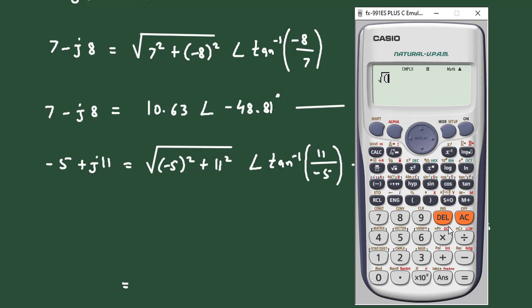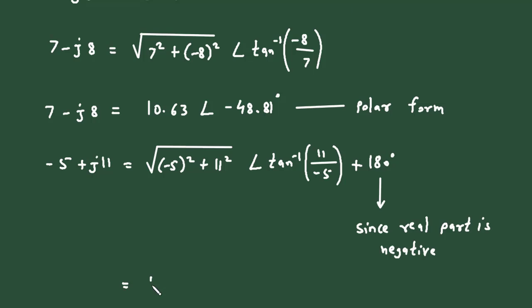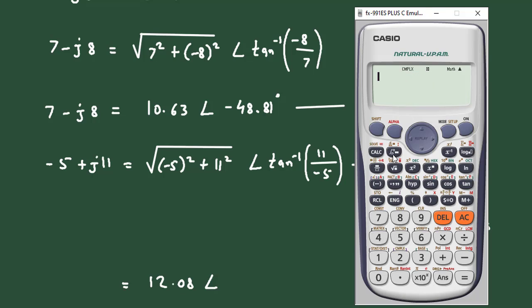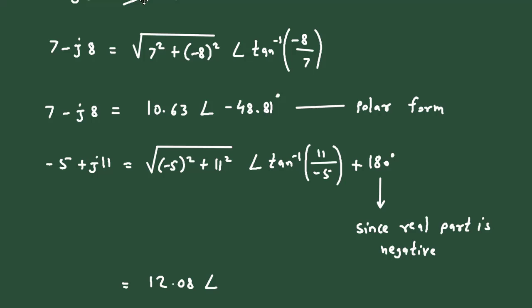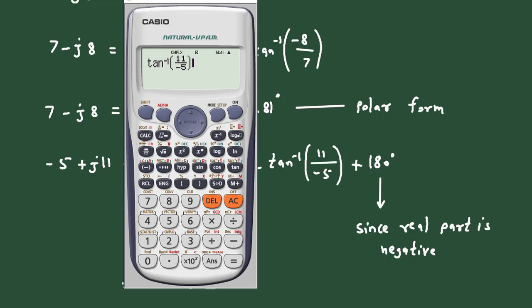So now this will be simplified as under root of minus 5 square plus 11 square. So it is 12.08 at an angle tan inverse of 11 by minus 5, bracket close, then plus 180 degree.